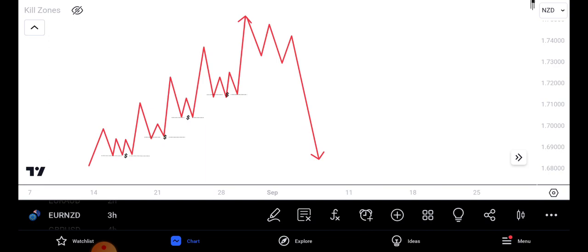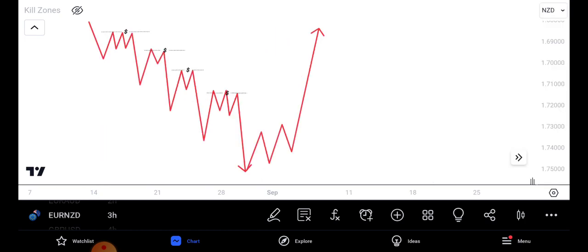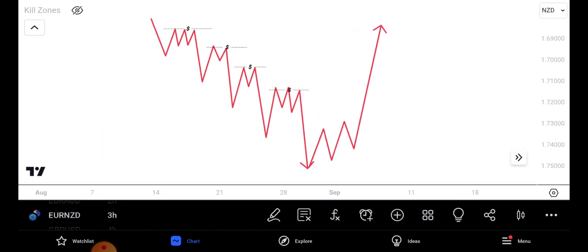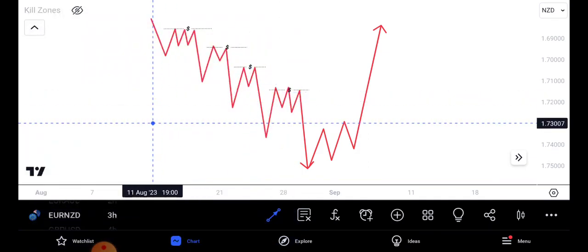So this is how the equal low liquidity looks. For the equal high liquidity, if I invert this, this is how it looks.